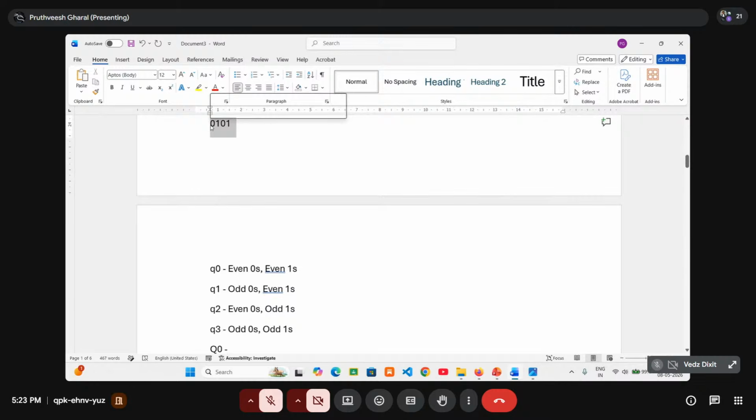I mean, it is simple, right? Whenever we encounter something that has an odd count, let's say three, and if we add one to it, it will become four.